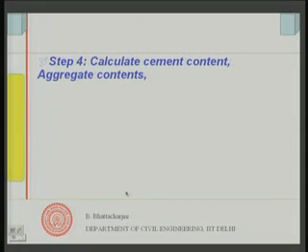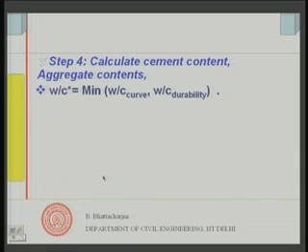Then, next, since I know the water cement ratio and the water content, I should be able to find out the cement content. First of all, I must find out the correct water cement ratio, and this is found as the minimum of the water cement ratio from the curves that I have mentioned and the water cement ratio from durability.